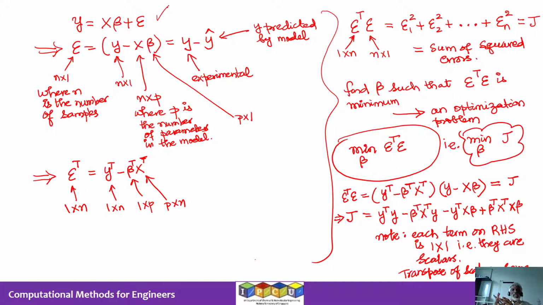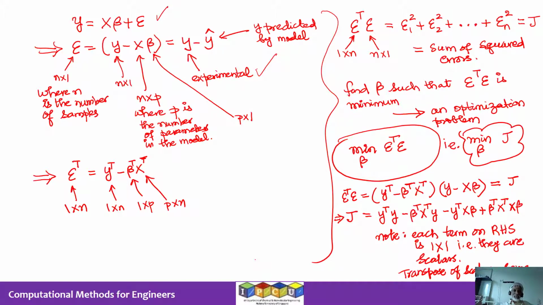So I can take this X beta to the left side and I will have y minus X beta is equal to epsilon, or I can write epsilon is equal to y minus X beta. And I can also write y minus X beta as y minus y hat, where y hat is equal to X beta. Y represents the experimentally obtained data points, the values of the measurements of the output.